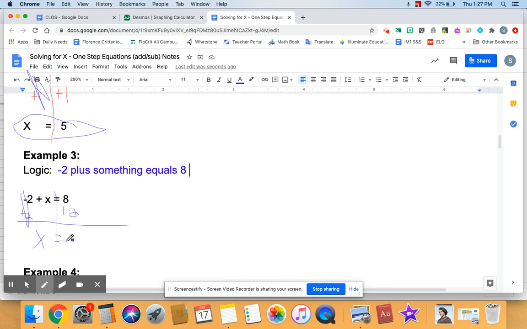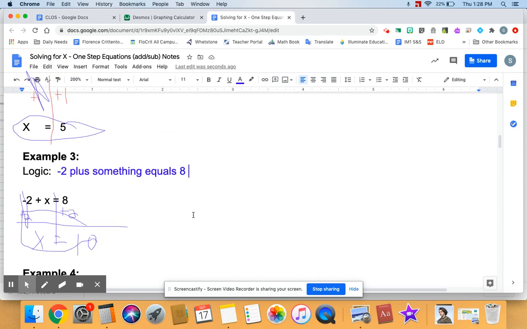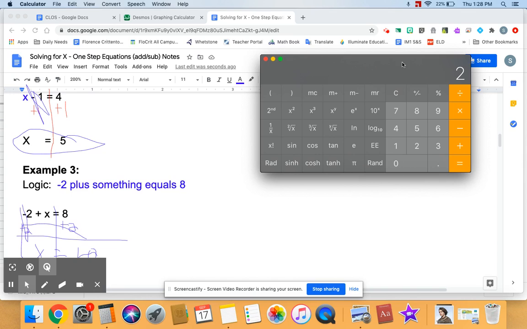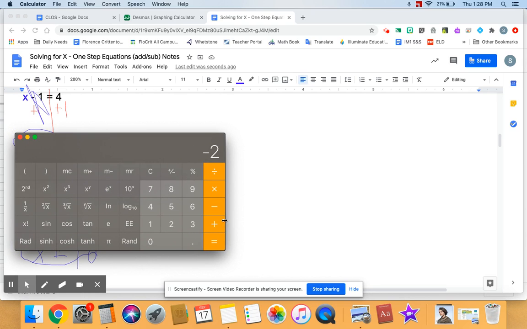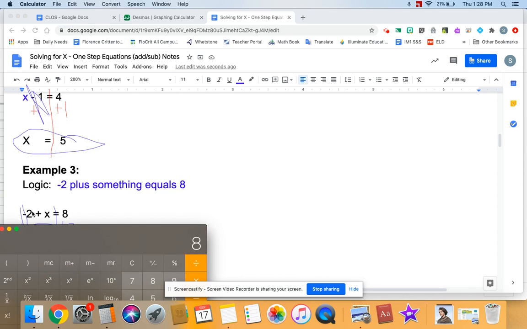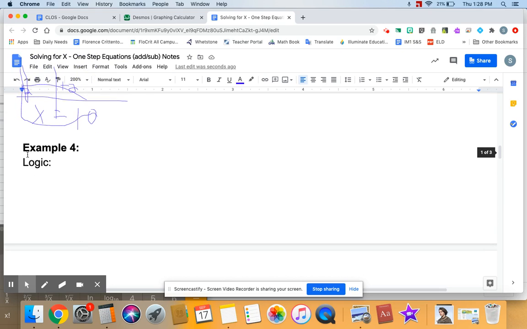And x equals 8 plus 2, which is 10. That's my answer. To quickly check it in the calculator, if I have negative 2 and then I add 10, it equals 8, just like if I take negative 2 and add the x, which we found to be 10, it would equal 8.